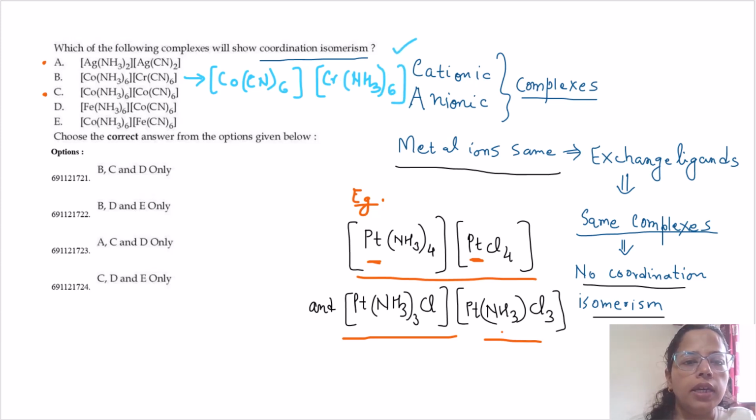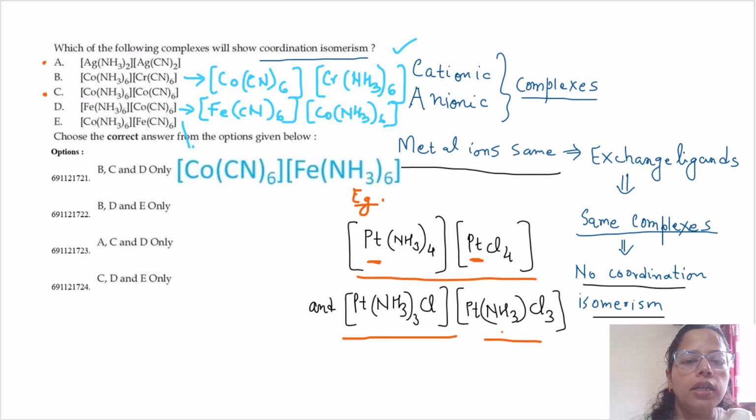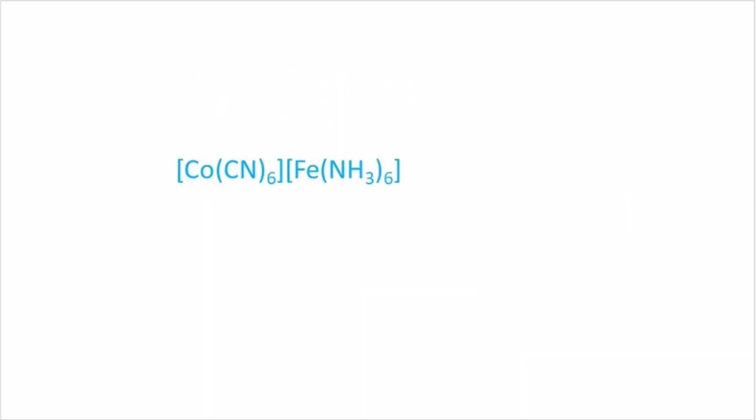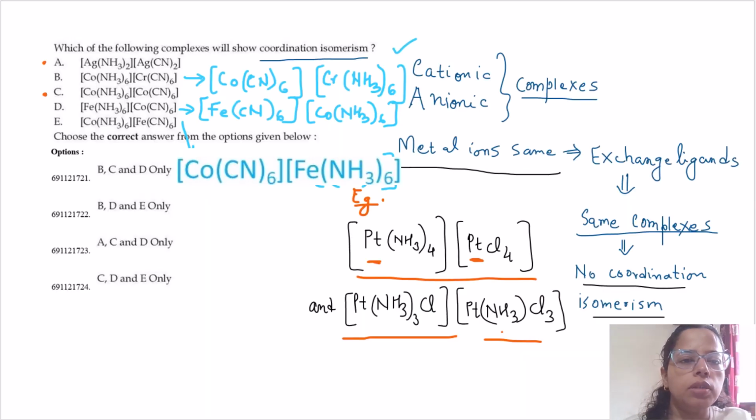Then for iron, we have Fe(CN)6 and Co(NH3)6. And for option E, we have Co(CN)6 and Fe(NH3)6. All of these, options B, D and E, can form coordination isomerism by the exchange of ligands. I hope you understood how coordination isomerism is formed for options B, D, E.